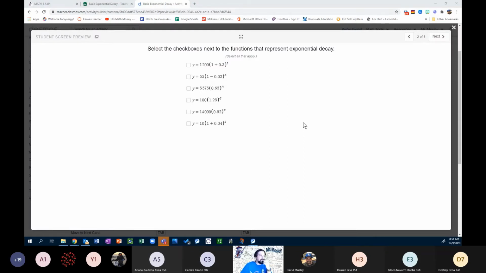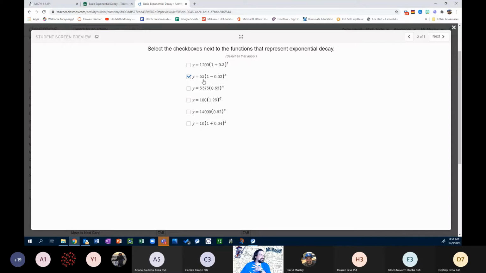All right. So now, the correct answers. y equals 55 times (1 minus 0.02) to the power of x. That is exponential decay.